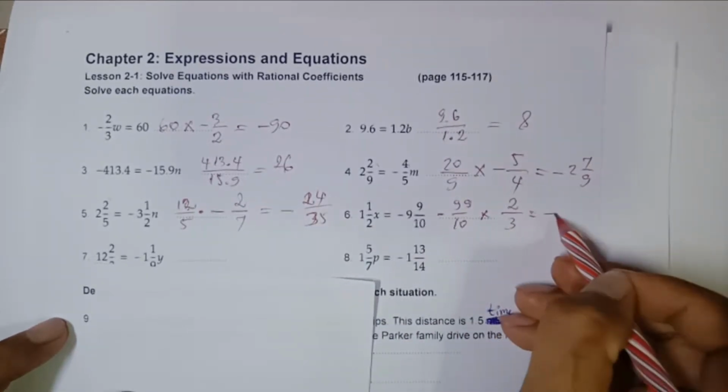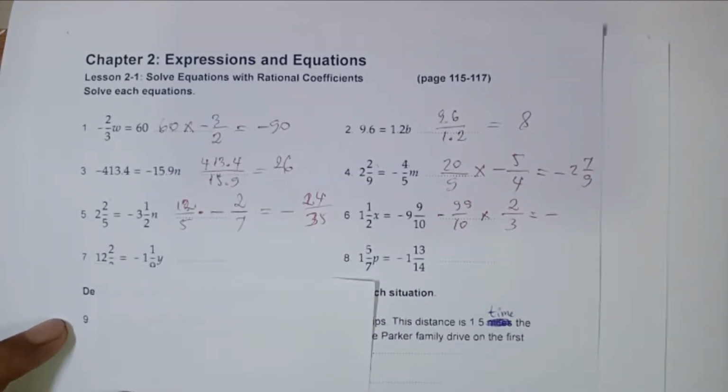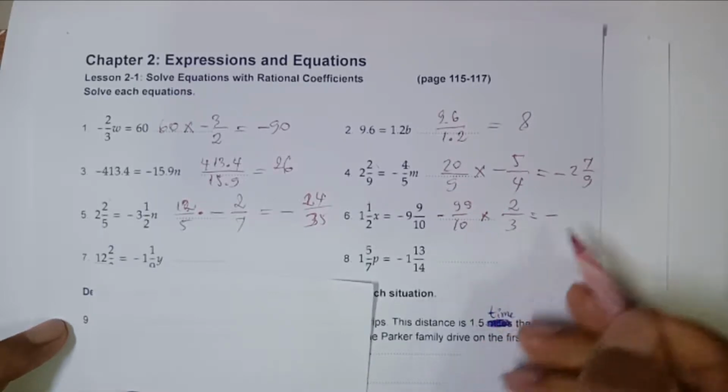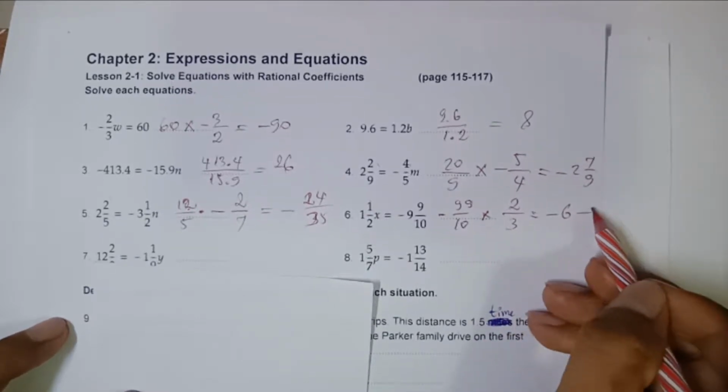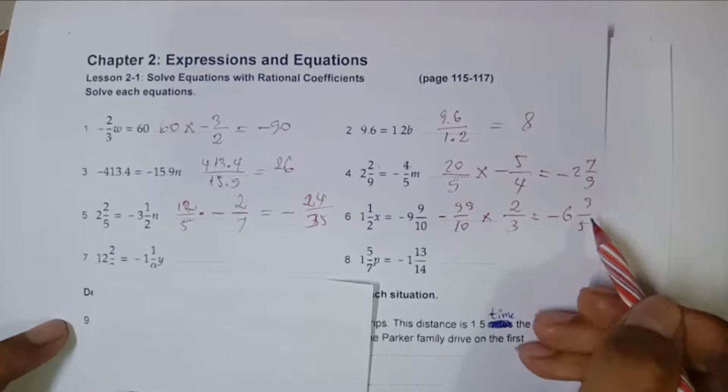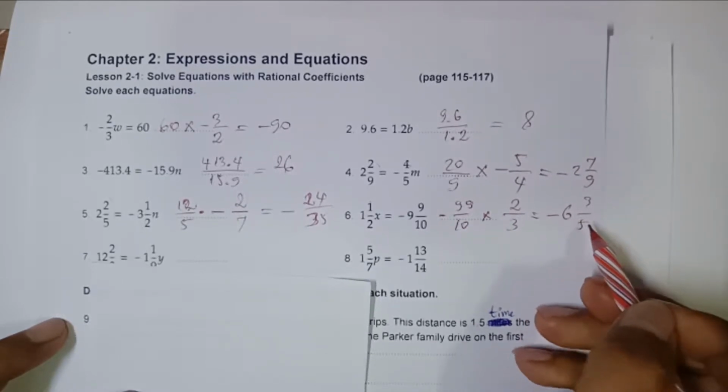So the answer will be a negative 99 times 2, and then you simplify with 30. If you want this into a mixed number, that will give you 6 and then 3 over 5. Final answer, negative 6, 3 over 5.